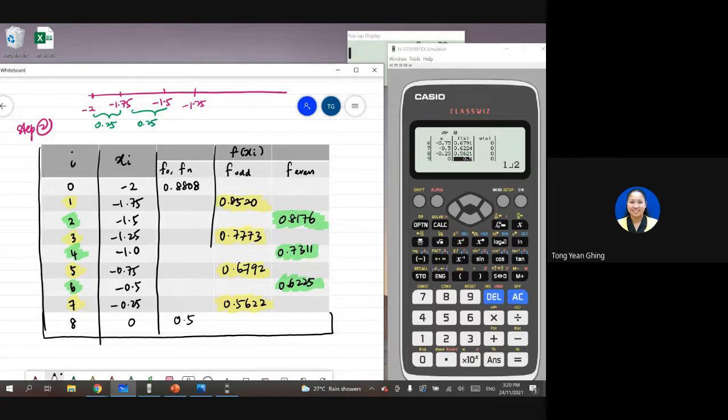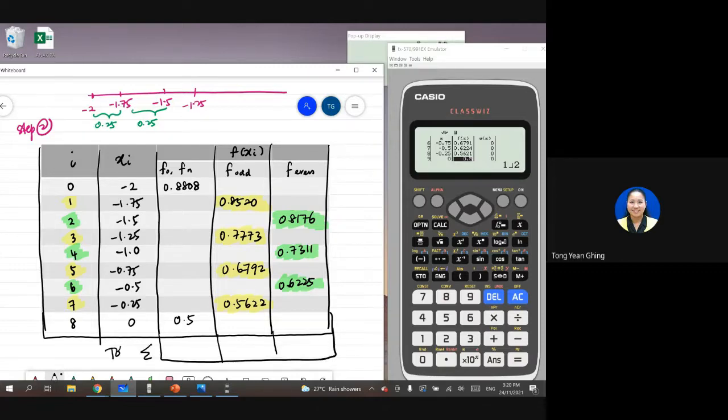Okay. And then I want to find the summation value. This is the summation value, that's the total value. So we get the total value here. So for example, this one, go back to 1. Okay, so 0.8808 plus 0.5.